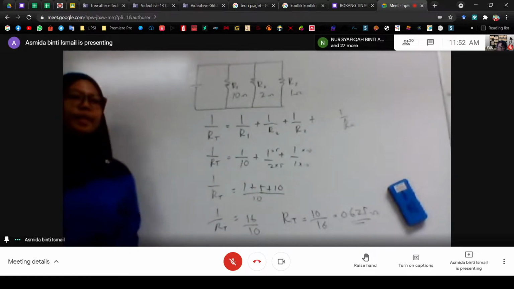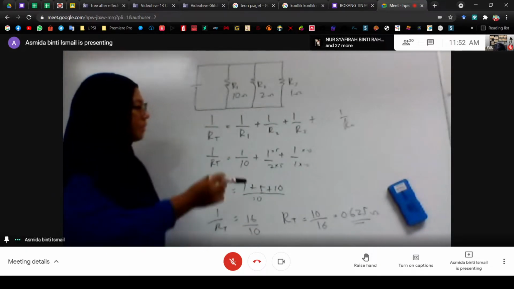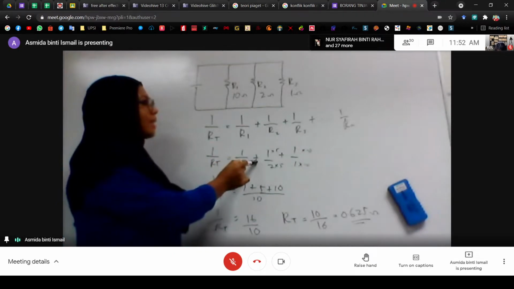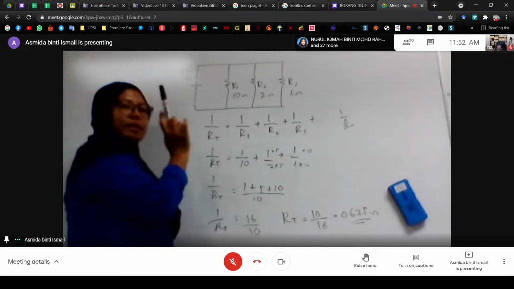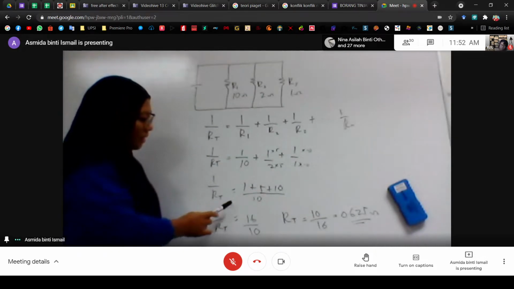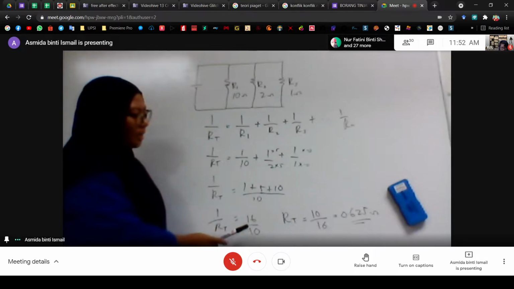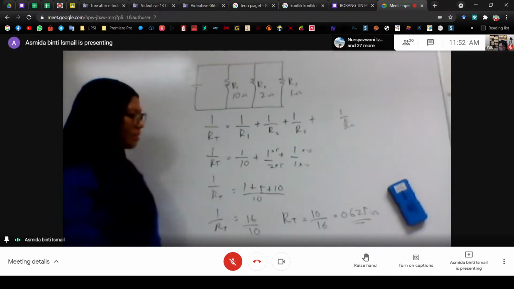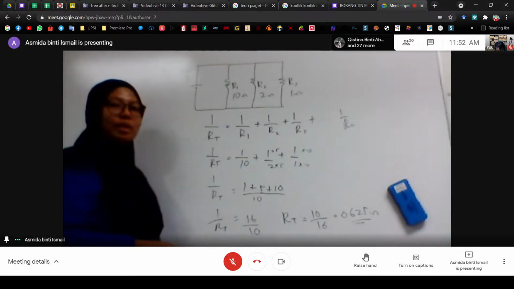Okay? Okay. So here, 1/R total is equal to 1/10 plus 1/2 plus 1 divided by 1. Okay? Okay. So, 1/RT is equal to 16 divided by 10. So, you want this value RT, not 1/RT. Okay?